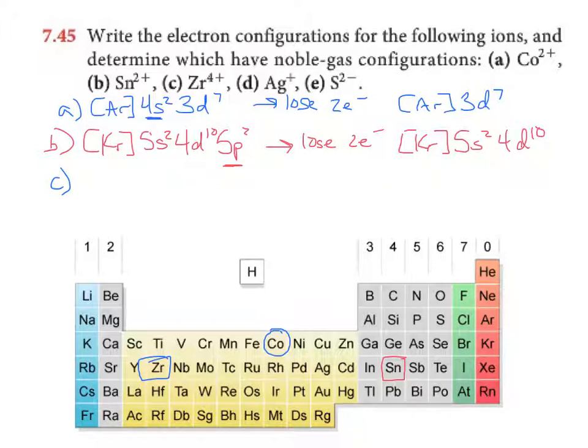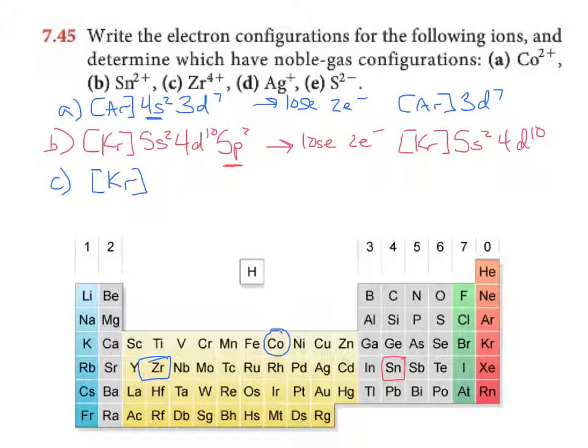And where do those 4 electrons have to come from? It's going to lose its 2 s first, and then it's going to lose the 2 from the d. So when I say 2 s, I mean the 2 electrons in an s orbital, not number 2s. So it's going to lose all 4 of these electrons. So if it loses all 4 of these electrons, what would the symbol be? Yeah, so we can actually just write that out as krypton. Questions there?